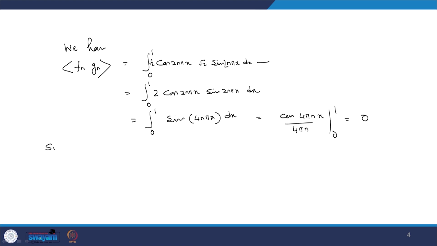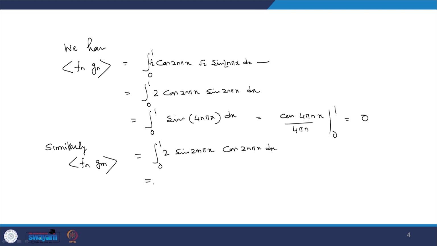Similarly, we can check fn and gm, which will be equal to the integral from 0 to 1 of 2 sin 2m pi x and cos 2n pi x dx.